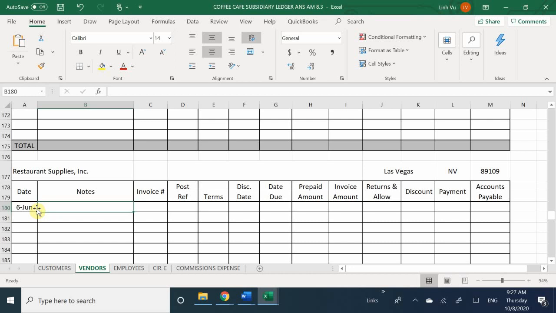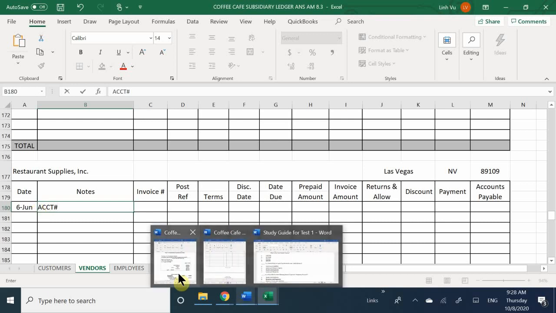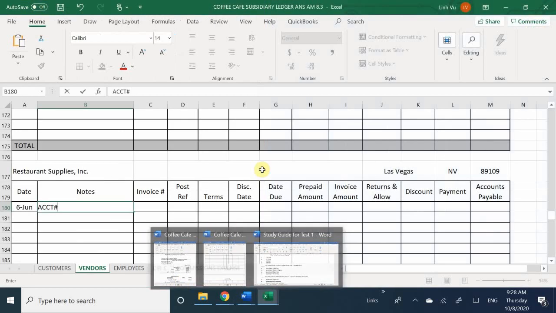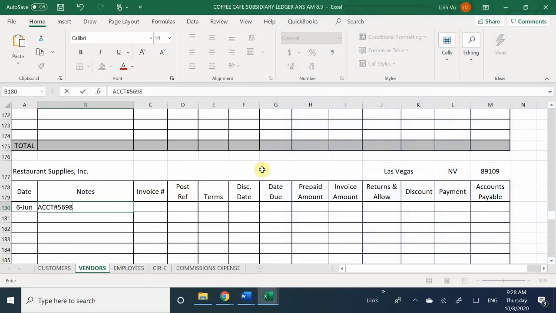So this is where I can actually place in all of my information. So in this case, I know that I have an account number, right? And it was 569812. And this is where I could also say that I bought a cash register.